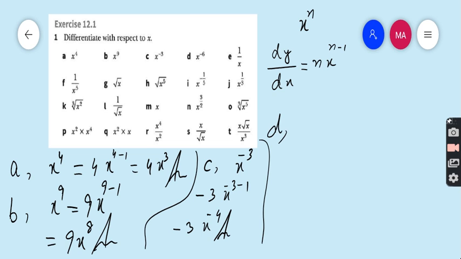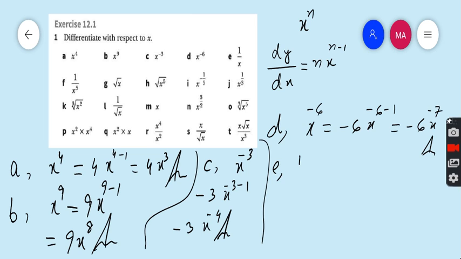Move to part D. Part D is x to the power minus 6. Write the power first, subtract 1: minus 6x. Minus 6 minus 1 is minus 7, and minus 6x to the power minus 7 is our answer.